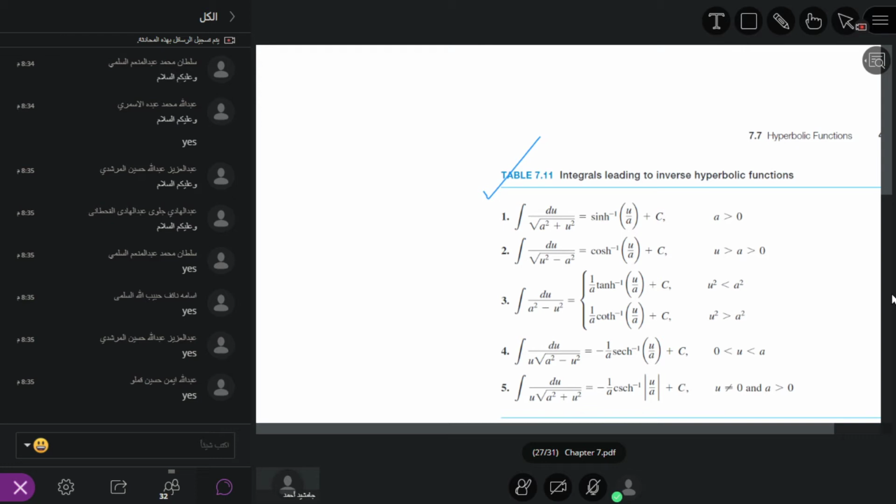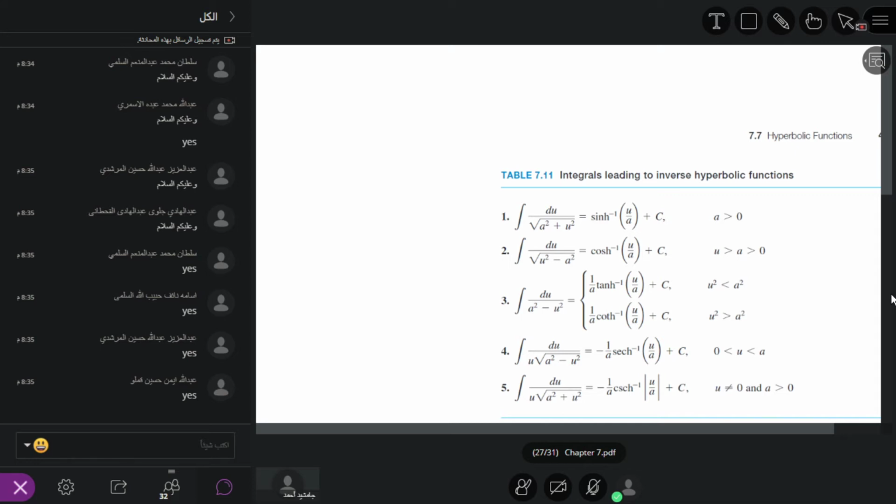So here we have to solve cosine hyperbolic square x minus sine hyperbolic square x, it is equal to 1.